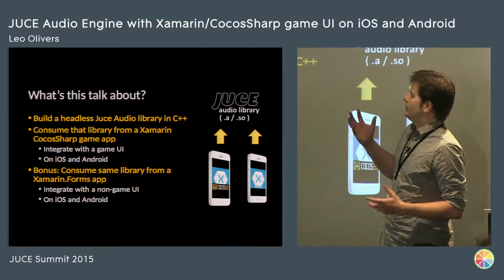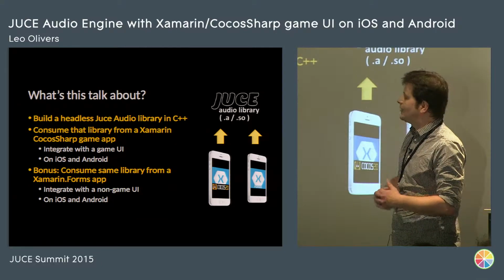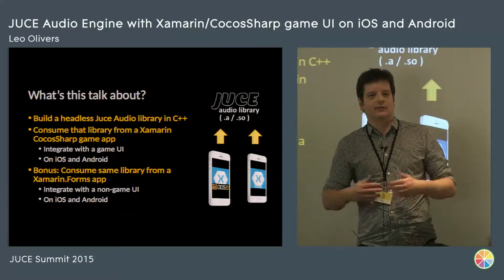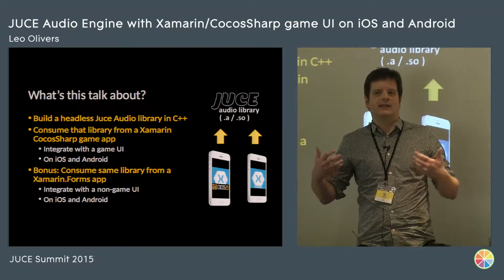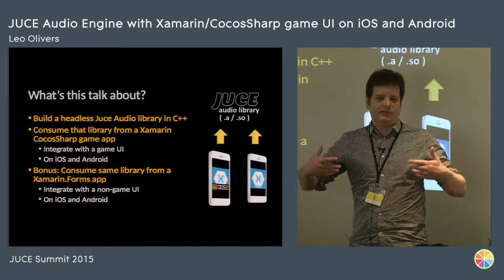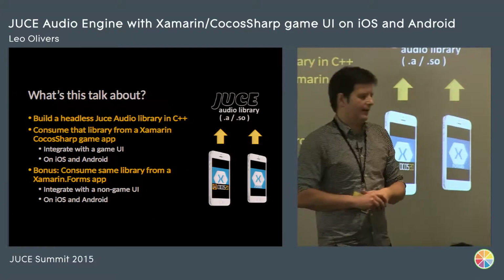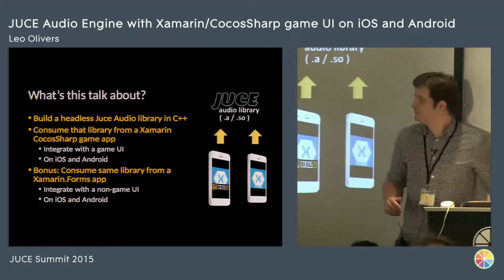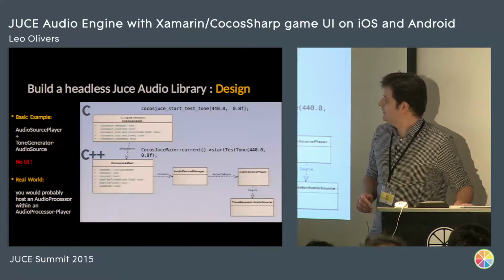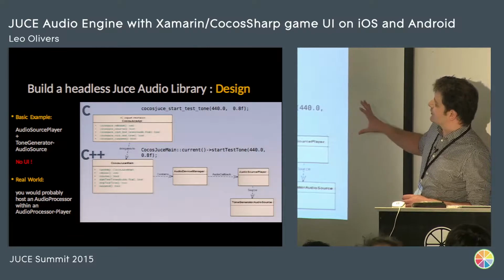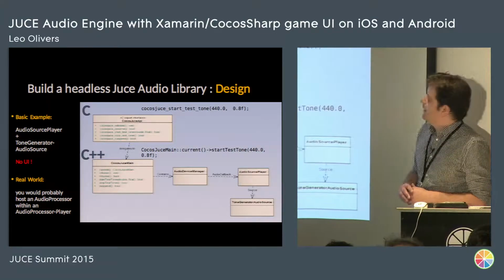Now, you're not, of course, obliged to use the CocosSharp gaming framework to do a UI in Xamarin. You can also build more classic-looking mobile UIs, which are more native-looking. I will give you a brief glimpse of that at the end of the presentation as well. Okay, I hope this is readable because the resolution is a little bit low.